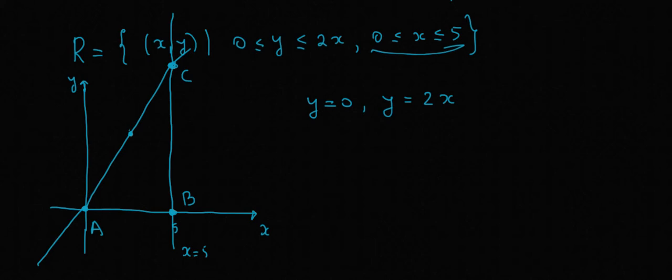Okay, very good. A good way of thinking about this region of integration is that for a fixed value of x, the set of points that satisfy the inequalities y is greater or equal than 0 and y is less or equal than 2x lie on this vertical line segment.